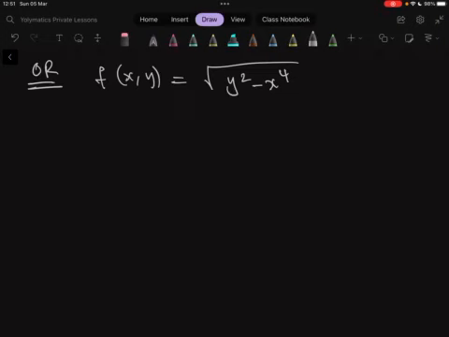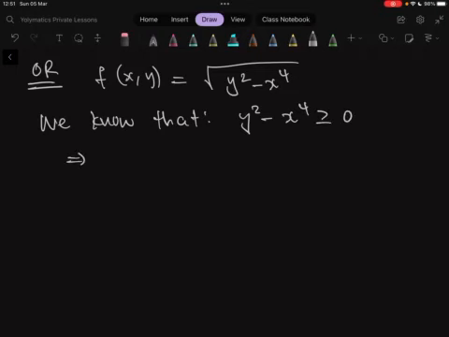So we know that y squared minus x to the fourth must always be greater or equal to 0. This implies (y minus x squared)(y plus x squared) must be greater than or equal to 0 for all x.